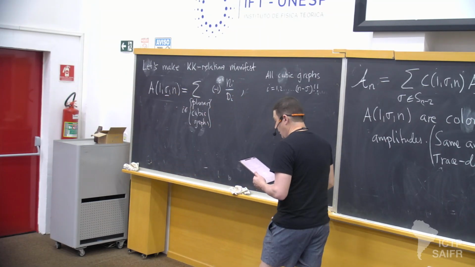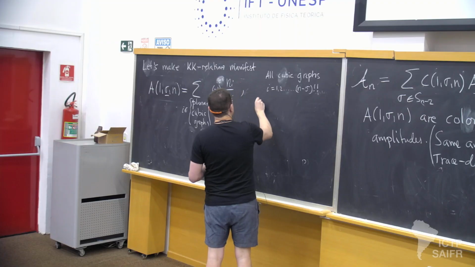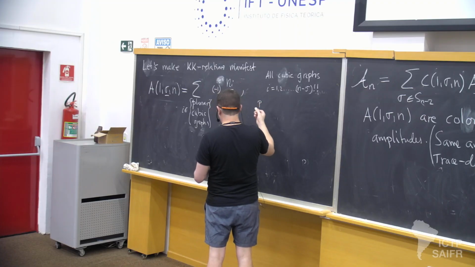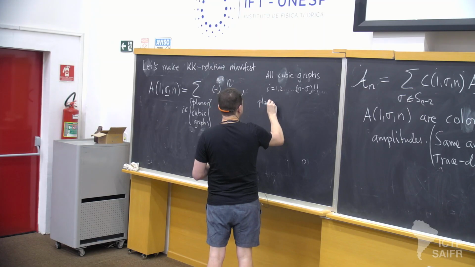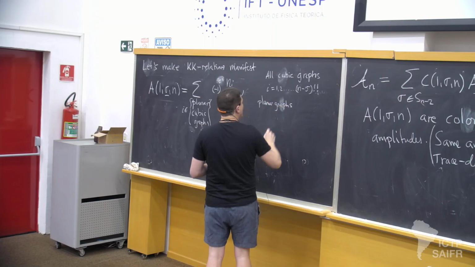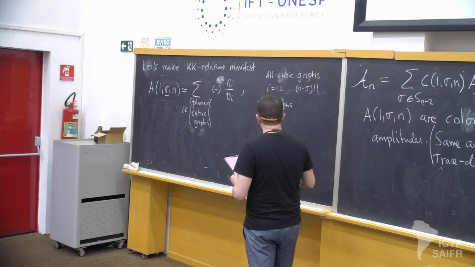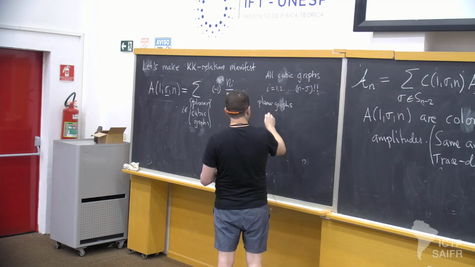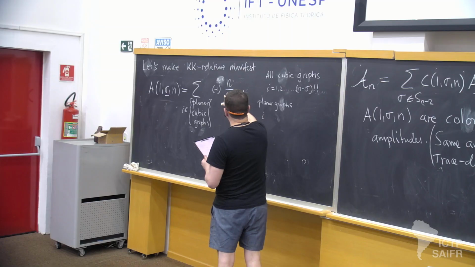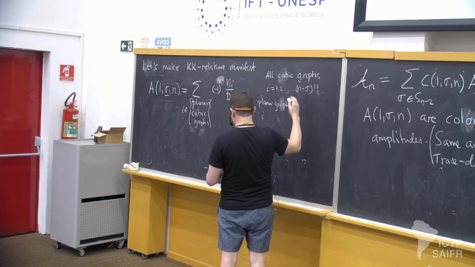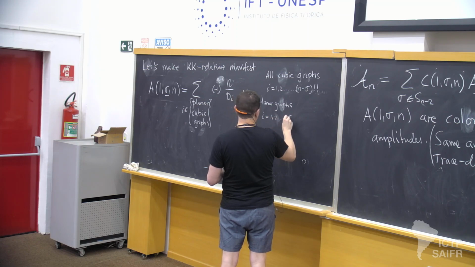Let me just say how many planar graphs there are in a given ordering. In a given ordering, you only allow a certain subset of these graphs to exist, and that subset goes from 1 up to the Catalan number. So this is the Catalan number.